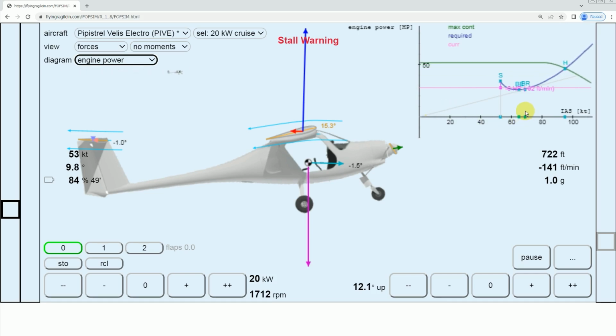Here we see that flying slower therefore requires more power. This is called the backside of the power curve, or the area of reversed command. In this area, more power is required to fly slower. And if we do not provide that power, then the aircraft will descend to fly this airspeed.